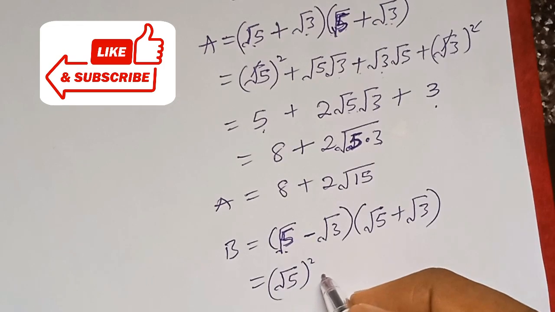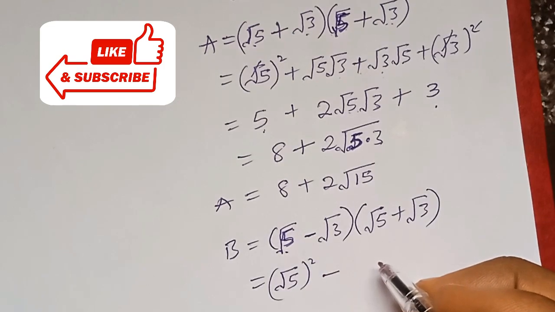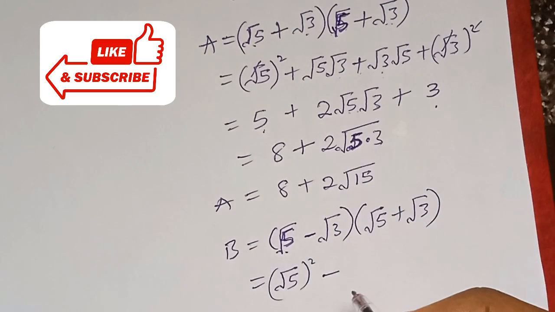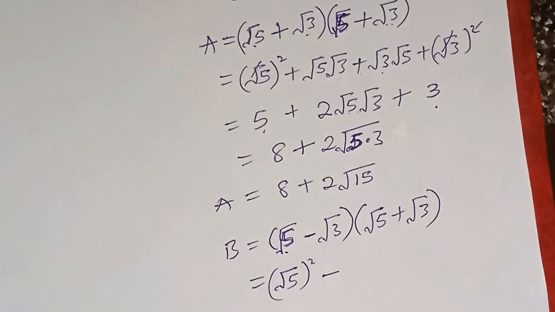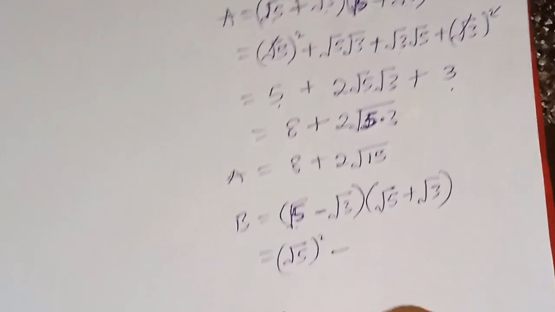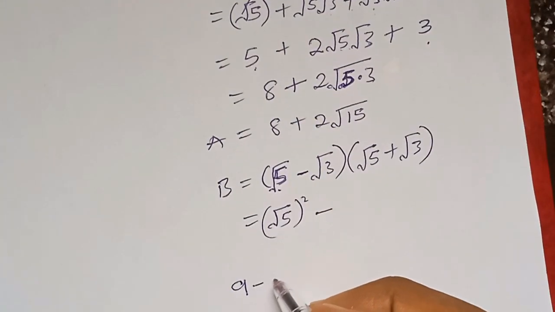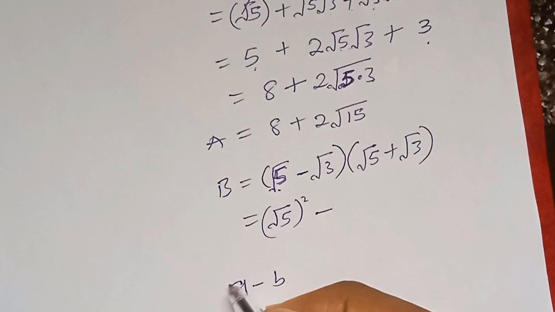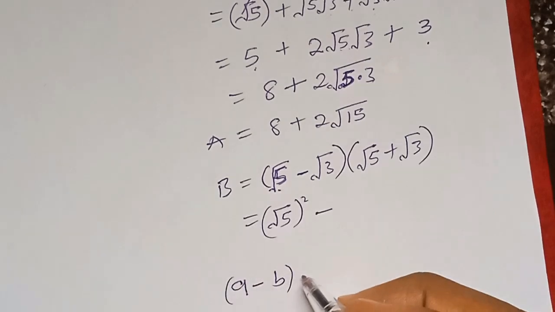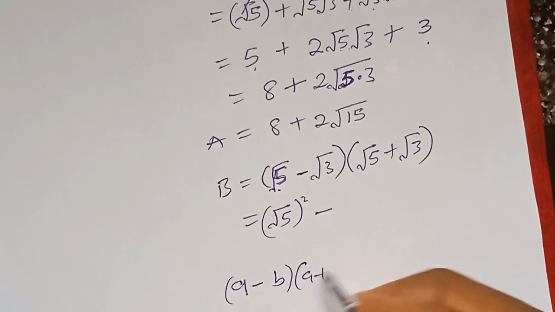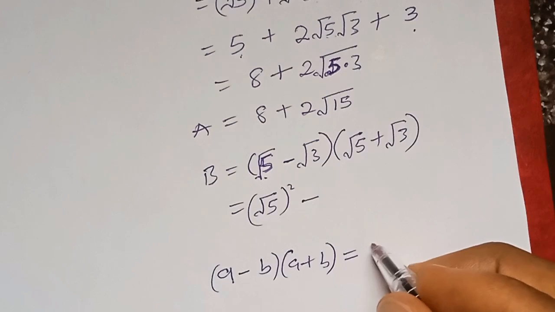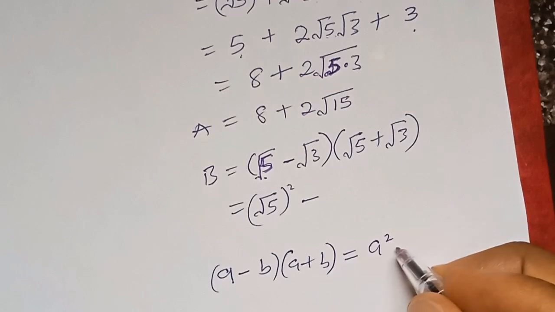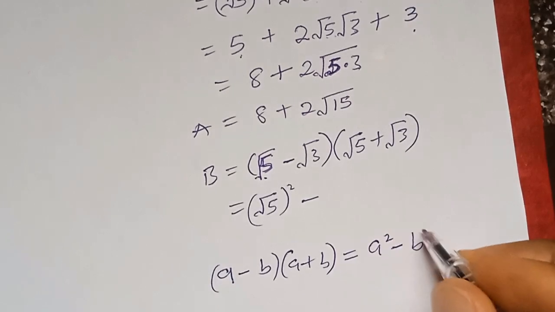This gives us the form of an expansion of an identity of this nature: if we are expanding A subtract B, into bracket A plus B, this identity has a resulting expansion of A squared subtract B squared.